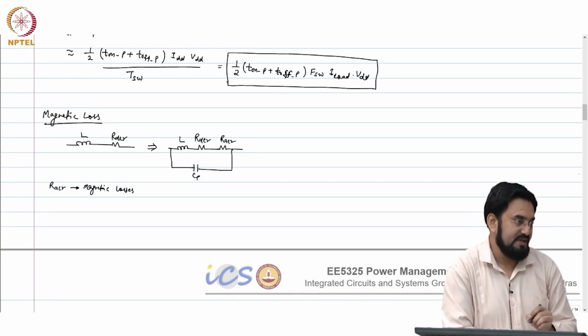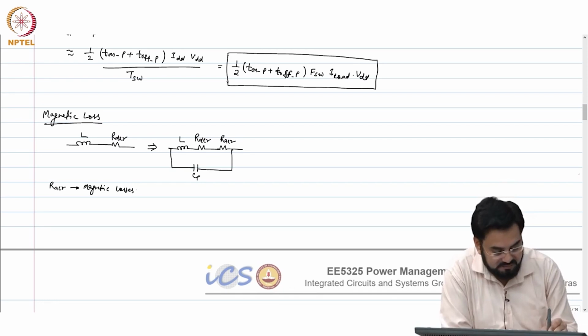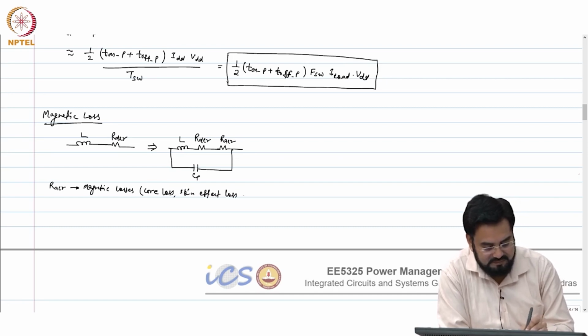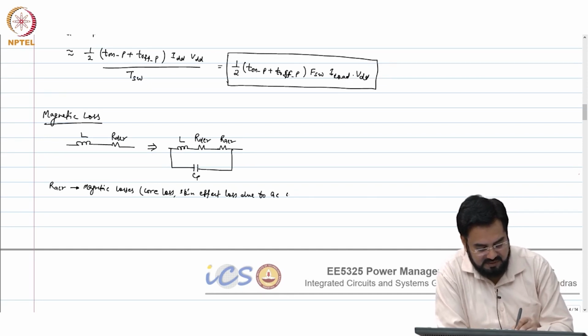So, this represents magnetic losses, which are your core loss and skin effect loss due to AC current.